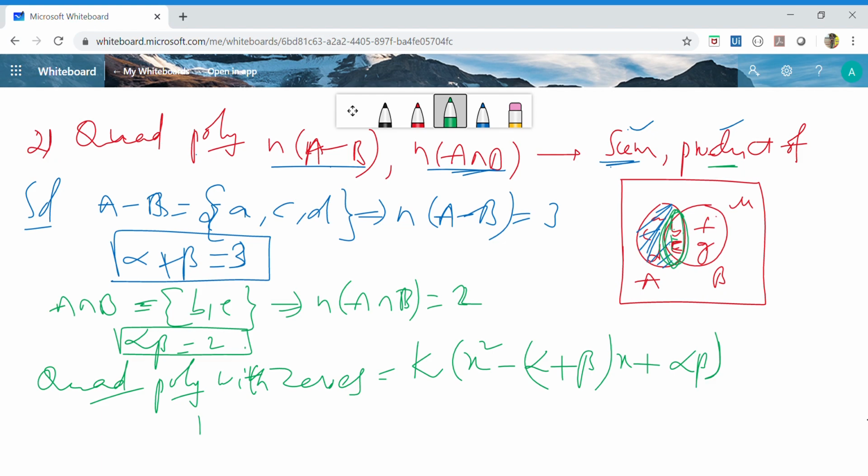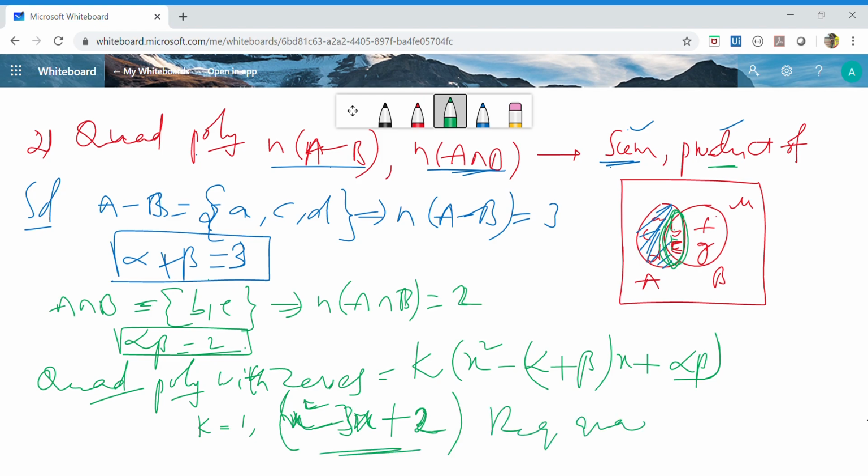So if k is equal to 1 you can take, then quadratic polynomial is x square minus alpha plus beta is 3, 3x plus alpha beta is 2, so 2. So x square minus 3x plus 2 is the required quadratic polynomial.